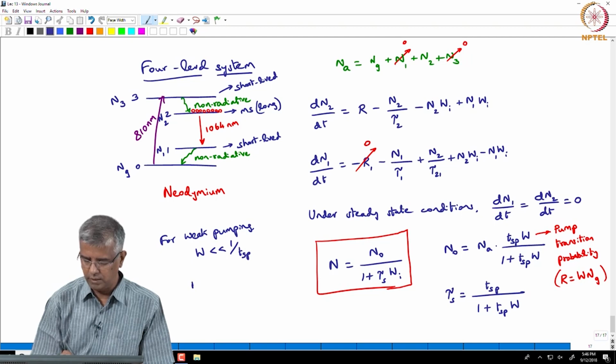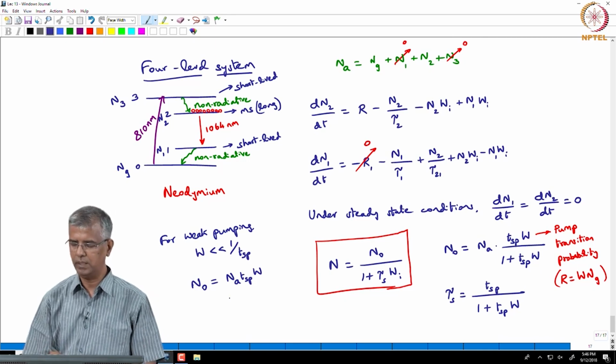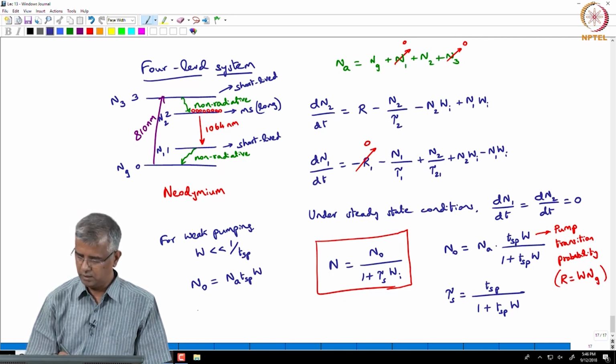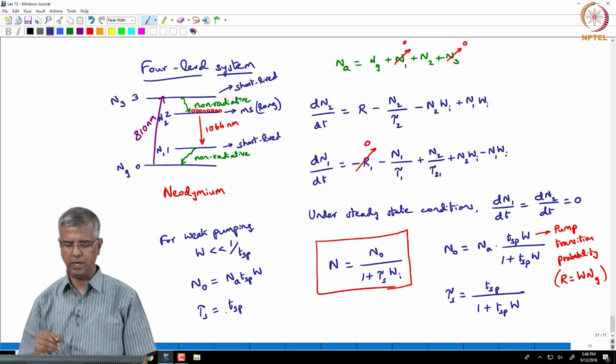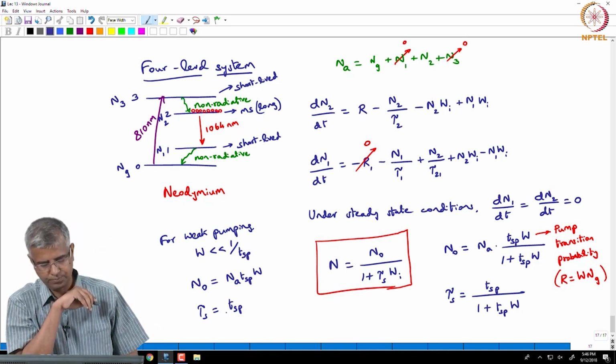So, in this case N naught is going to be Na TSP W, right, and that time constant tau s can be approximated as the spontaneous lifetime itself.